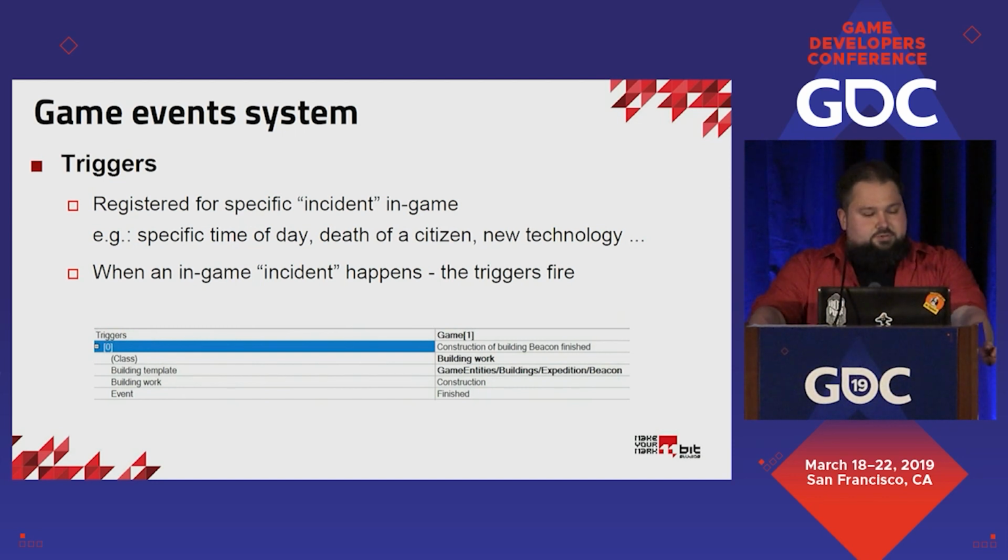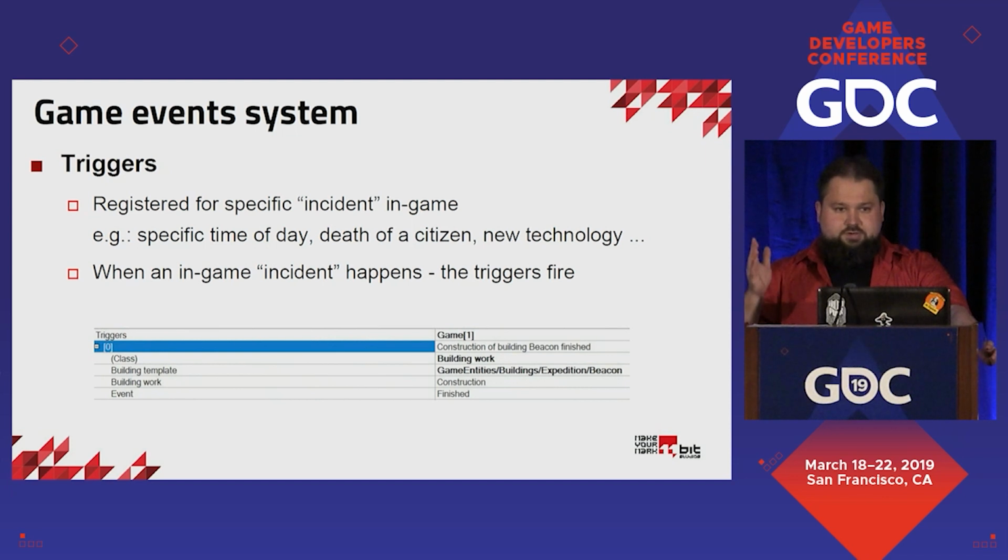So, triggers. Triggers are objects that register themselves for a specific incident in the game. So, for example, a specific time of day, death of a citizen, a new child born, whatever else you can imagine. And when that specific incident happens, the trigger is fired.